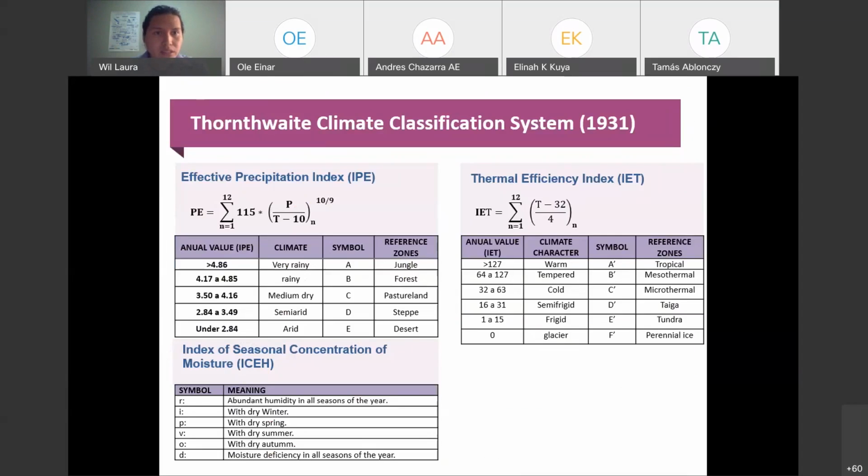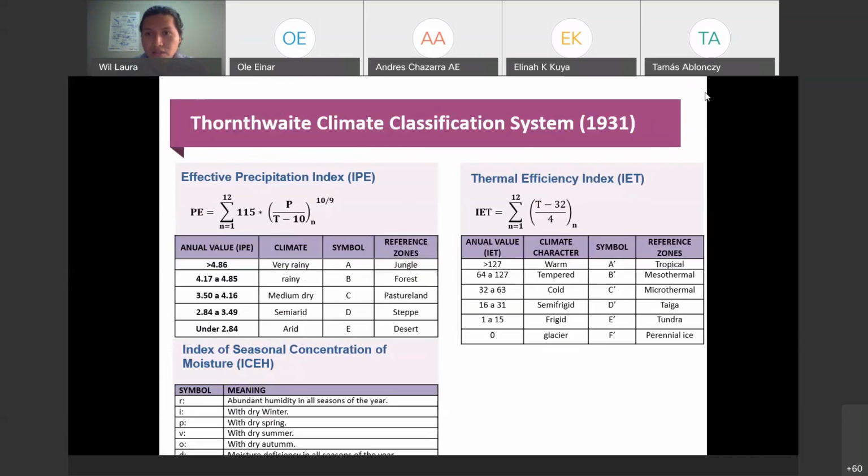The first is the effective precipitation index, calculated using the monthly average of precipitation and temperature. The second is the thermal efficiency index, which uses the average temperature. And the third is the seasonal concentration of moisture, calculated from the first index, effective precipitation.